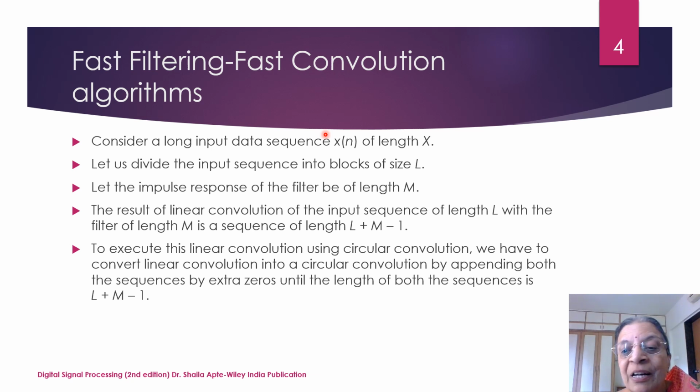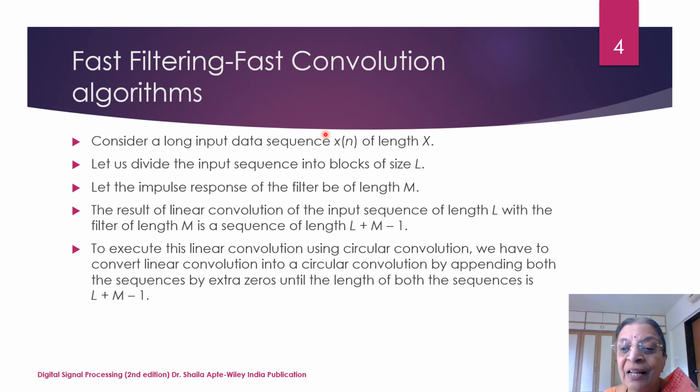In this case, I am writing L plus M minus 1, where L is the size of the data and M is the size of the filter. Then the linearly convolved sequence will have L plus M minus 1 samples. That is, we will have to utilize more samples for the convolution, right?